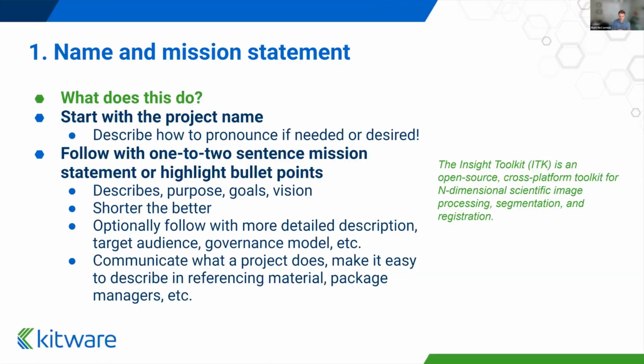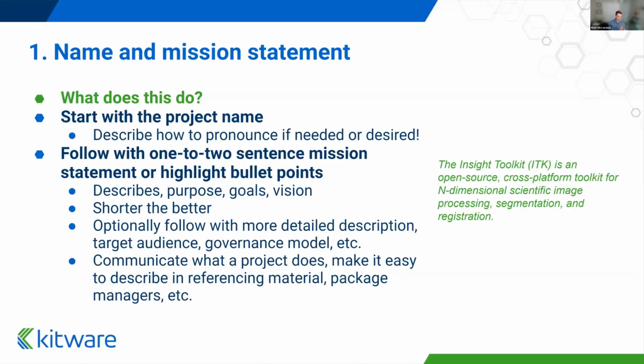If you want people to understand how to pronounce it, you can provide a pronunciation. If not, you can just leave it open for interpretation. Then follow the name with one to two sentences that describe the mission statement or the purpose. For example, in ITK, we have: the Insight Toolkit is an open source cross-platform toolkit for n-dimensional scientific image processing, segmentation, and registration. That tries to describe the purpose, the goals, and the vision.